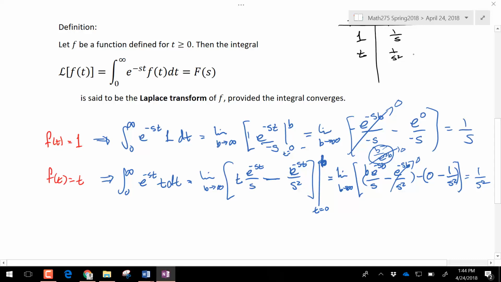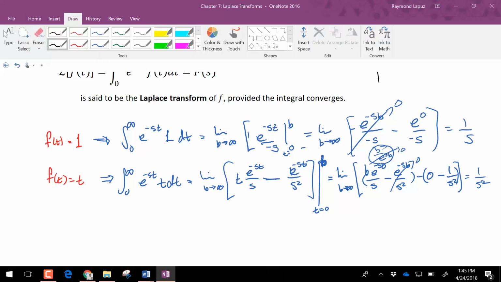So to actually see the pattern, I guess it would be good to just do it one more time. We could just put it into the calculator. Let's just do t squared.